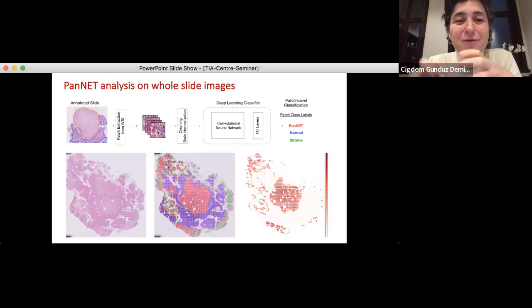We have 20 annotated slides, but we need more slides. So after training such a classifier for patch level classification, we may ask them to make more detailed annotations.